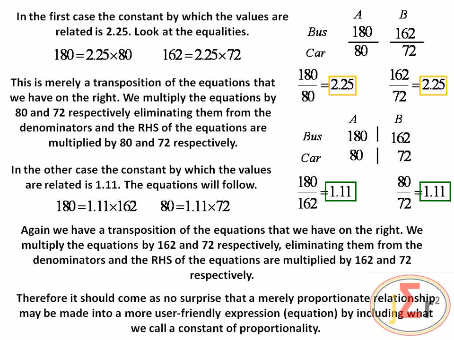So we may, as we have it right there, convert a merely proportionate relationship to a more user-friendly expression, which is an equation, by including the constant of proportionality, because we are always realizing that in a proportionate relationship this and its corresponding value are related in the same way as this one and its corresponding value.